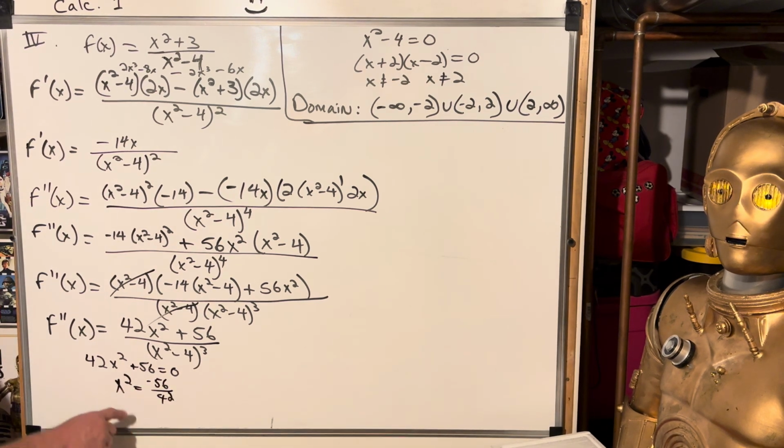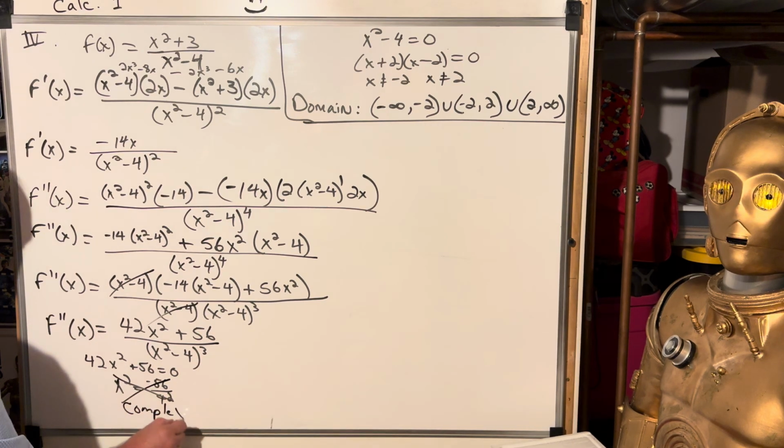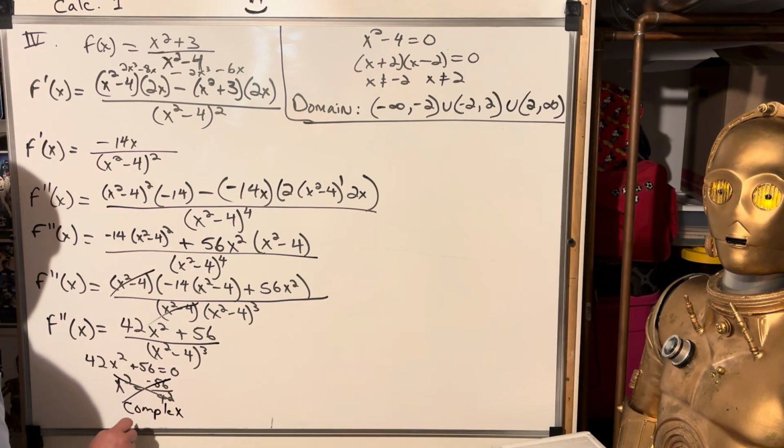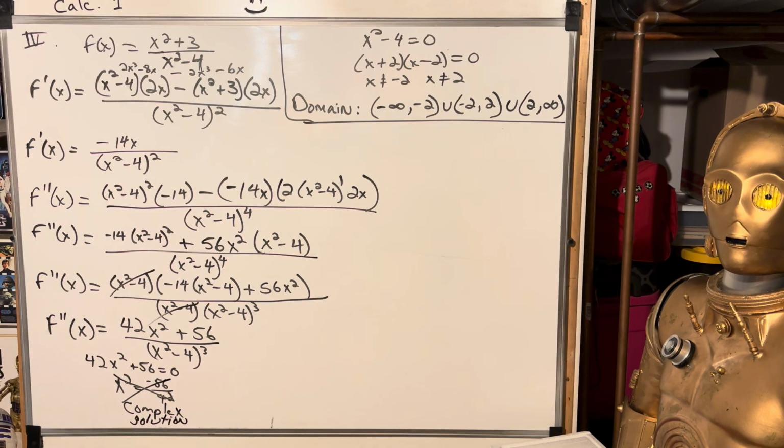And I know we could reduce it, but when you take the square root of a negative, you're putting it into the complex number system. And we're keeping it real. It's real numbers only. So that's garbage. It's complex solutions, the imaginary numbers. And so we're not working with imaginary numbers. We're sticking in the real number system.